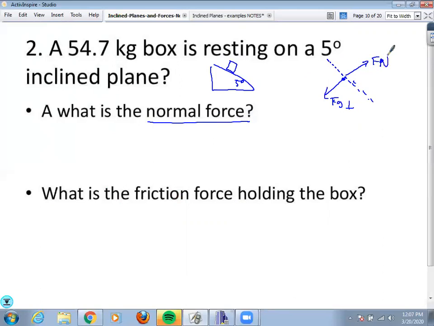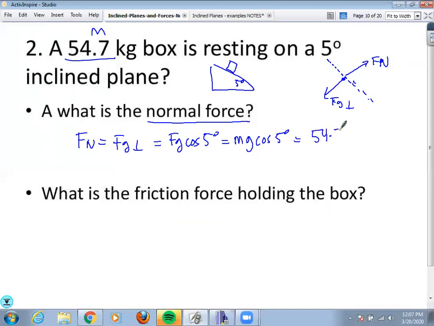So how do we get the normal force? Well, Fn equals Fg perpendicular, which equals Fg times cos 5 degrees. Now, we don't know Fg, but we do know mass. So now we would go mg cos 5 degrees.